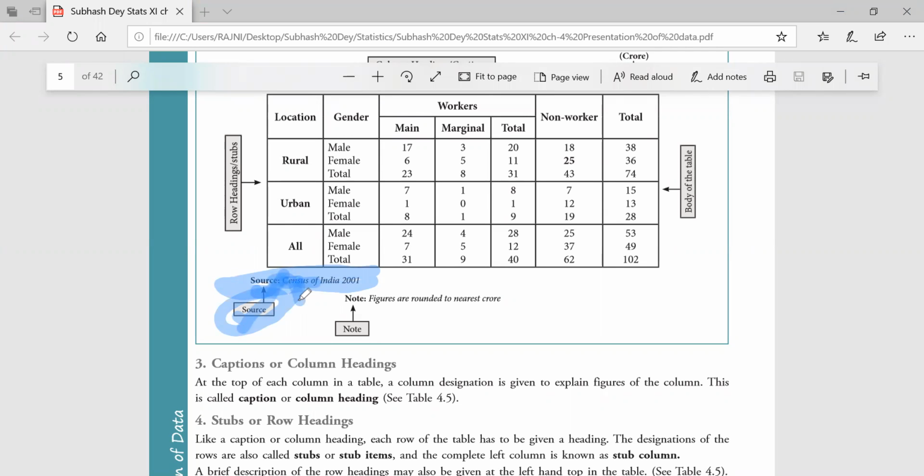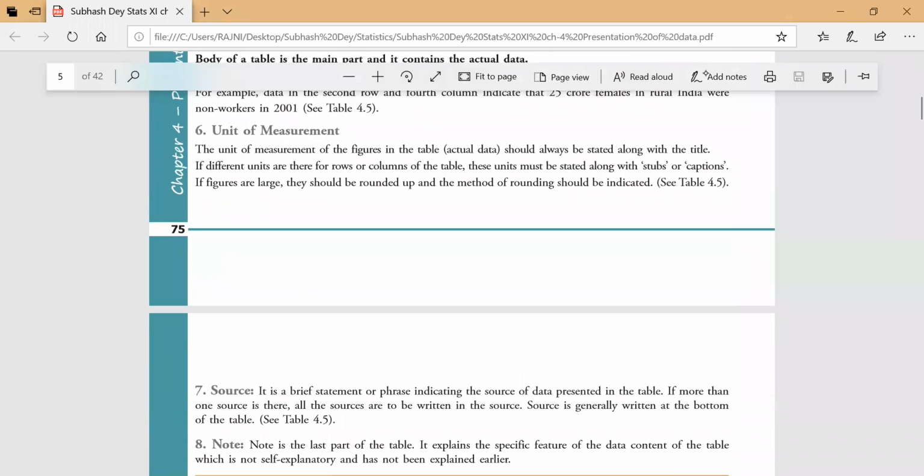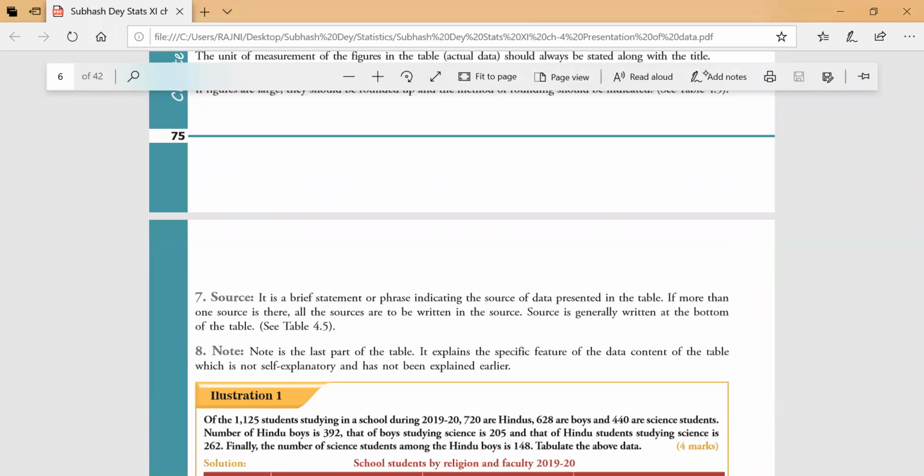Okay. The last term of the table contents is note, and note is the last part of the table. Simply, you have to explain if there is any word or any feature of the data which is not self-explanatory in the table.